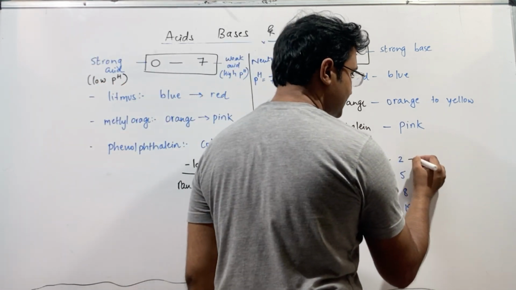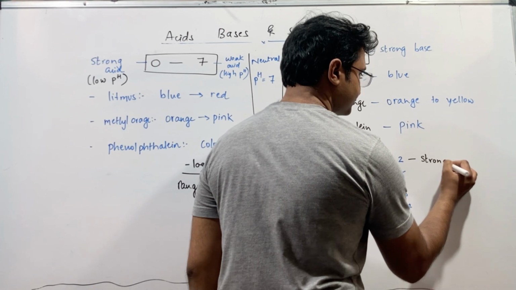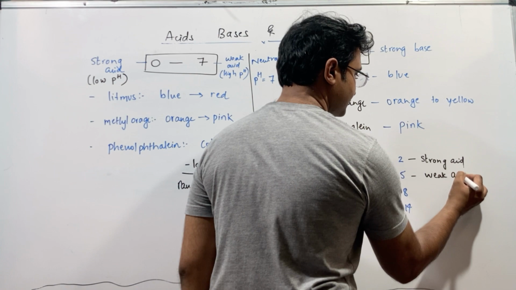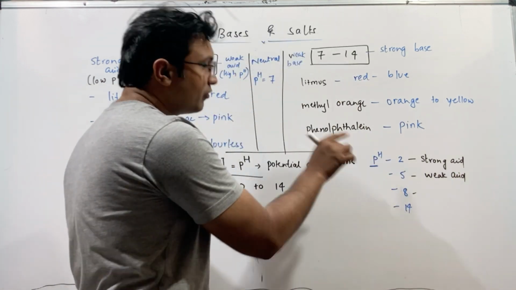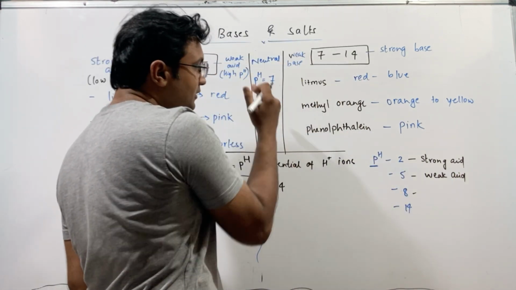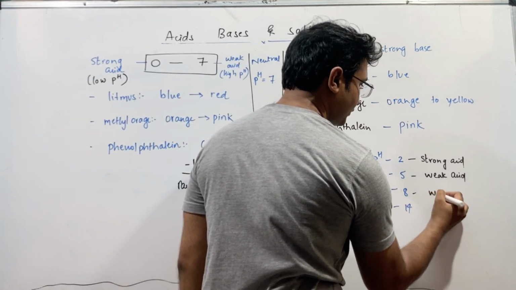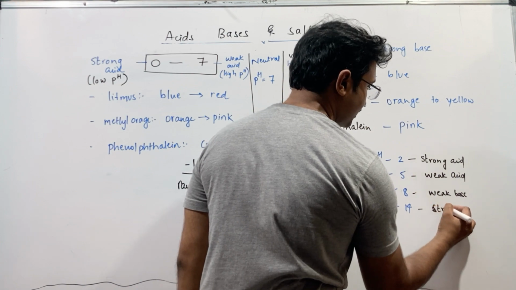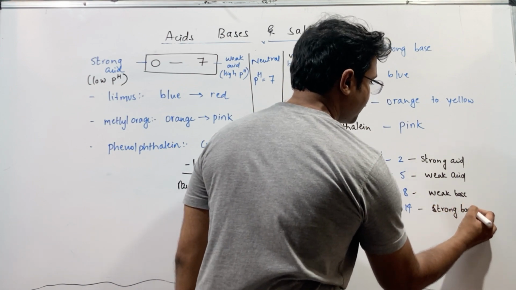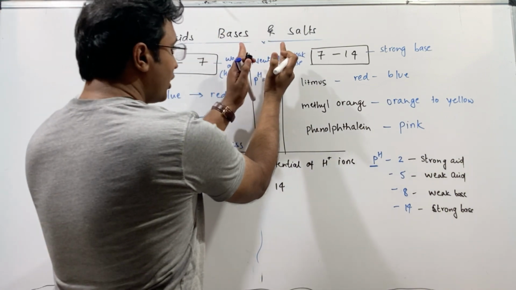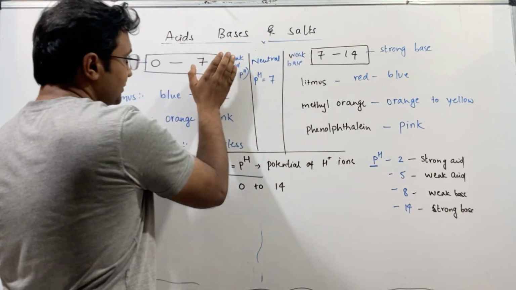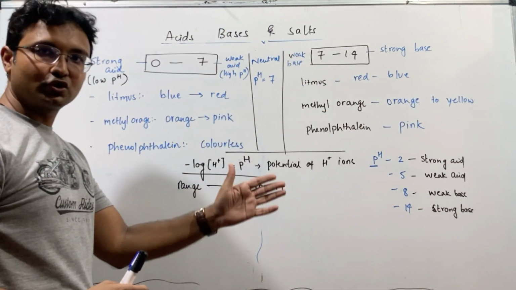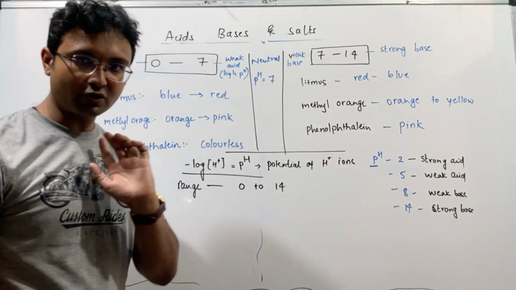So lower pH means strong acid, higher pH means weak acid, and a pH close to neutral is a very weak base, and this is a strong base. So very simple. The intermediate part will be weaker, that means this side weak acid, this side weak base, and the extreme parts are the stronger parts, that is strong acid and strong base.